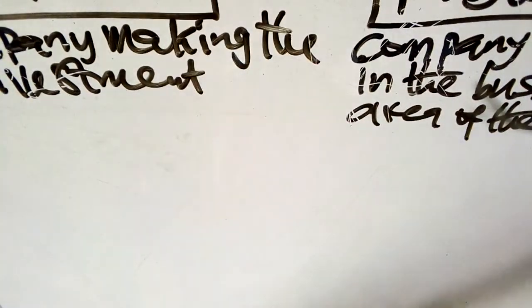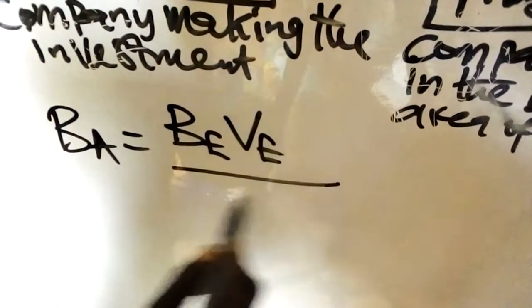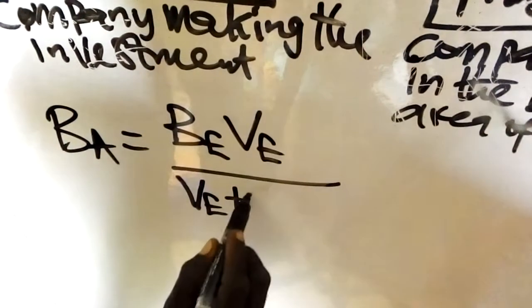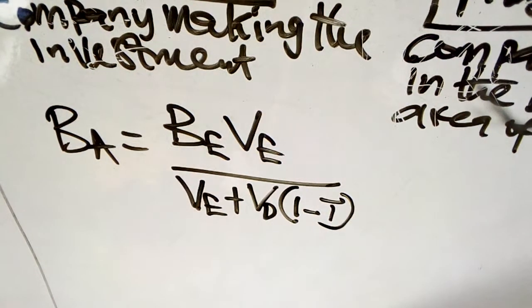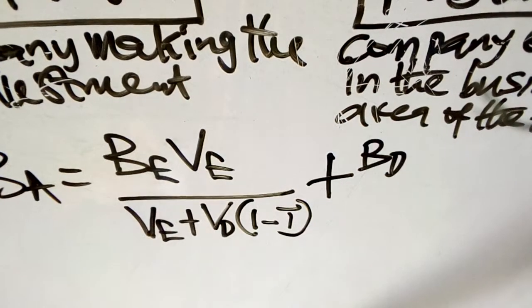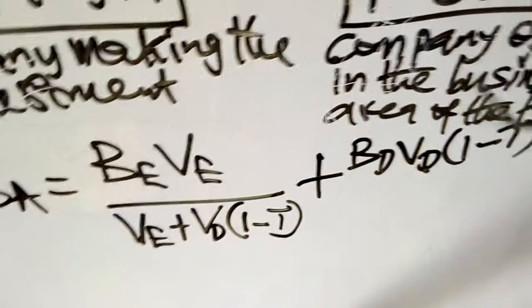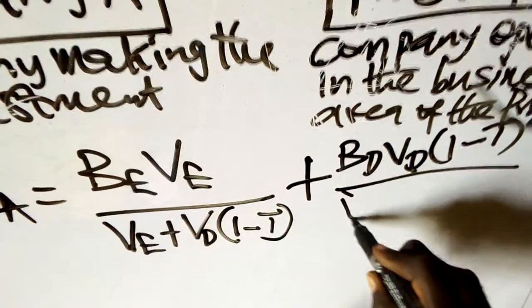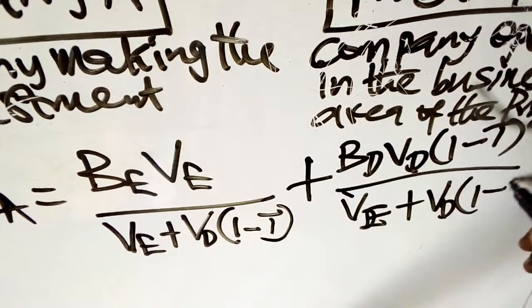So to degear the proxy company, the formula for estimating the asset beta is: beta of asset equals beta of equity times market value of equity over market value of equity plus market value of debt post tax, plus beta of debt times market value of debt post tax, over value of equity plus value of debt post tax.